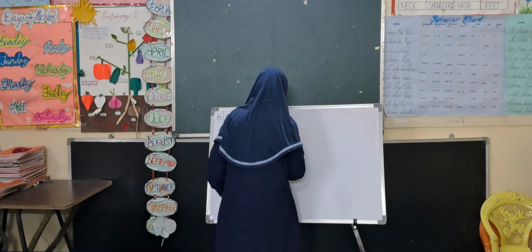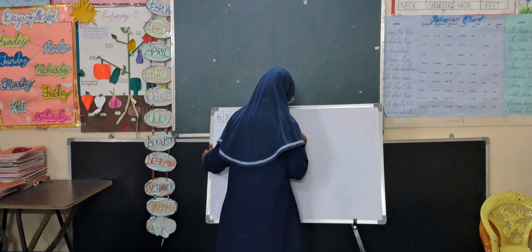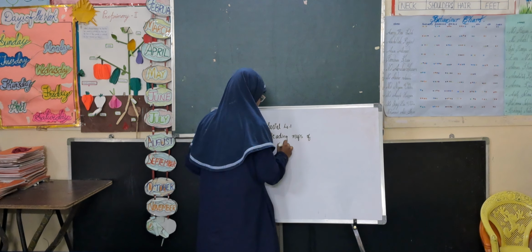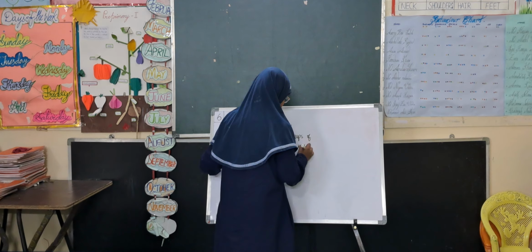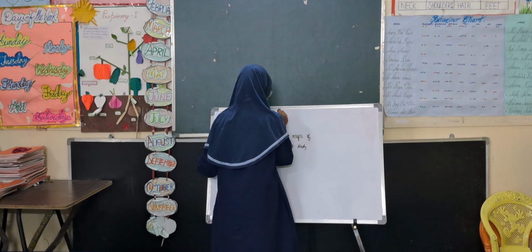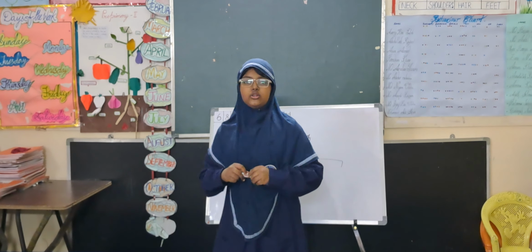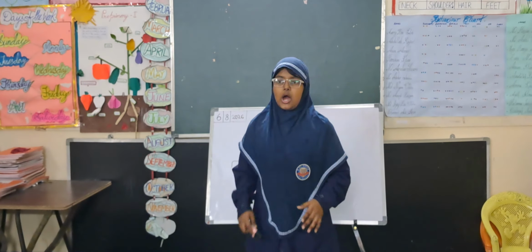In this lesson, we are going to learn about symbols, what maps are, what the different types of maps are, how maps help us, how to read a map, and so on.